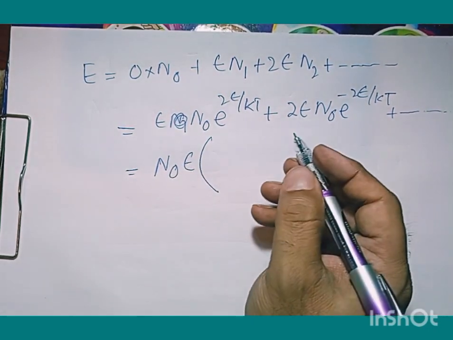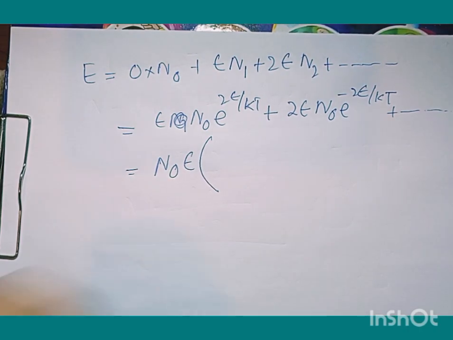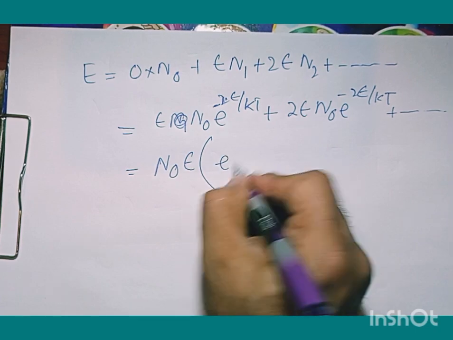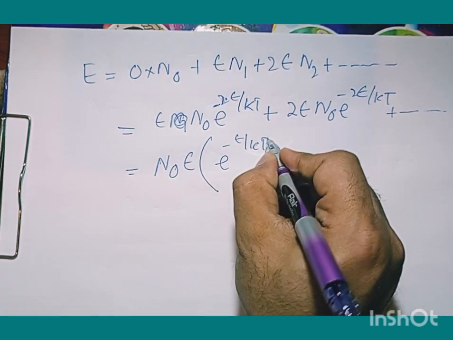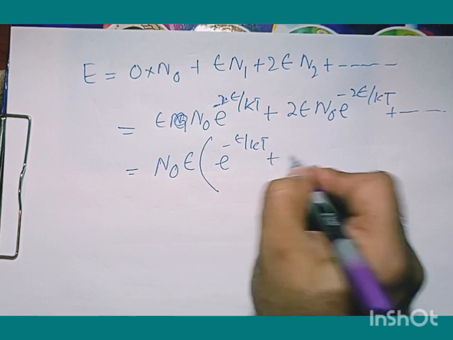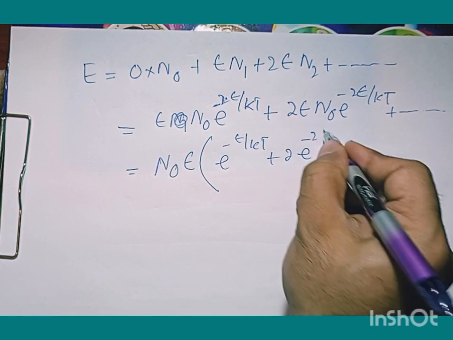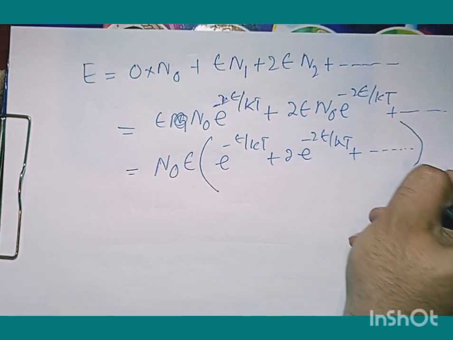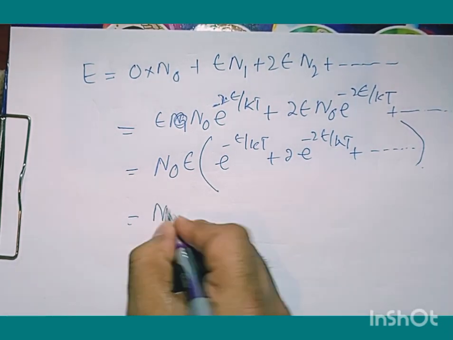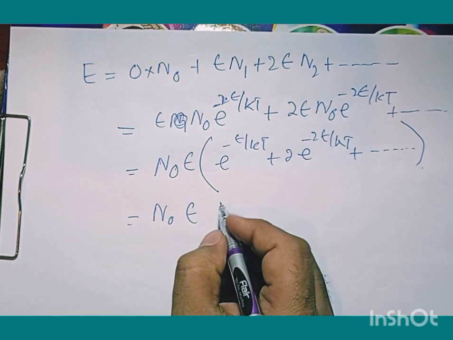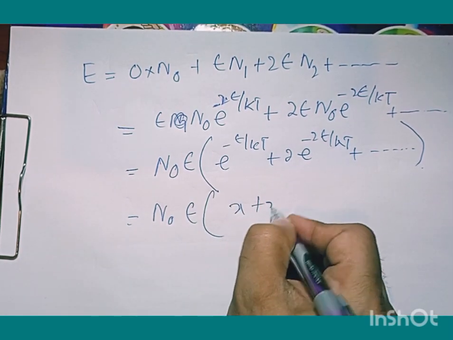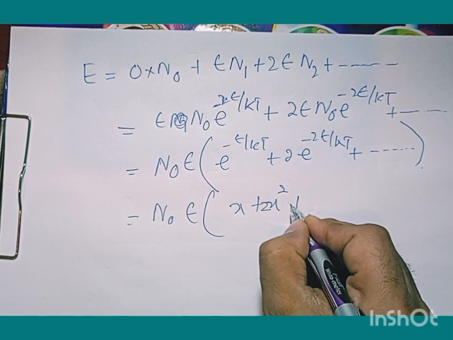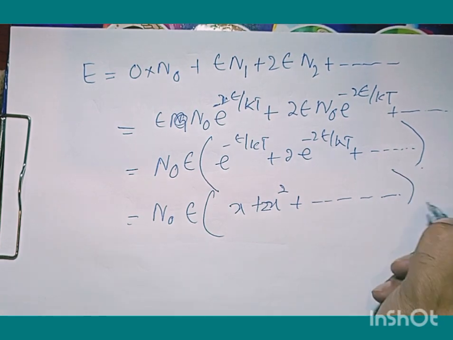So what we'll be left with is, I think here it should be minus epsilon, e to the power of minus epsilon by kT, and then plus twice e to the power of minus twice epsilon by kT, and then plus so on and so forth. So we can write down this as N0 epsilon times x plus twice x squared, plus so on and so forth. So we'll go on like this.